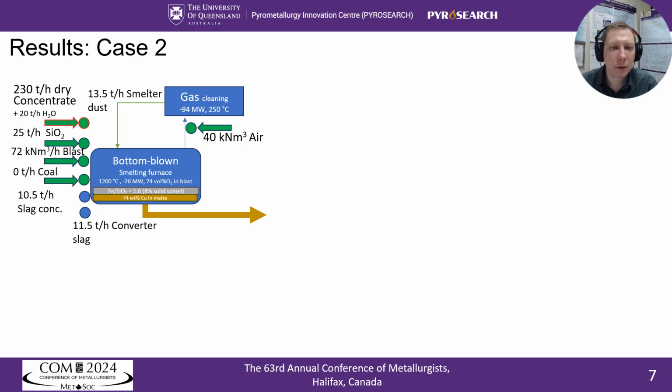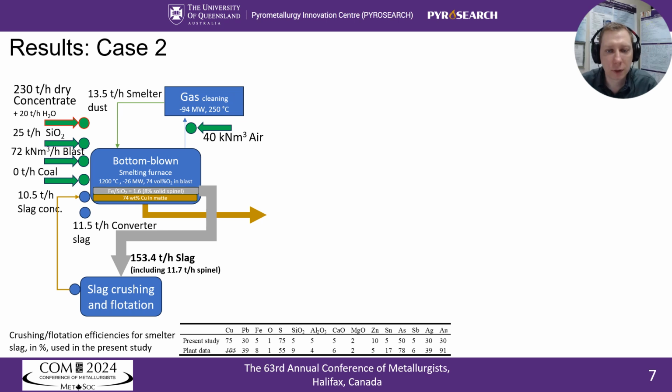It is likely that in practical operation some recycled products with low calorific value are being used, which are not accounted for in the present study. The produced slag is again treated in crushing flotation, bringing back slag concentrate.